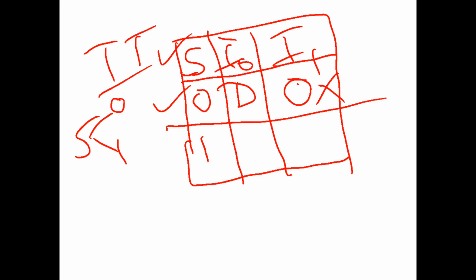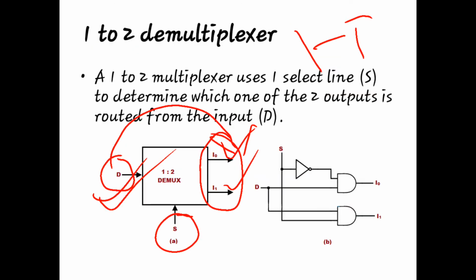Similarly, when the value of select line is 1, then the output line selected will be I1, keeping the other one at 0, or let us say disabled. So this is the truth table with respect to this block diagram. It is just a basic one, how we can design a 1 by 2 demultiplexer.